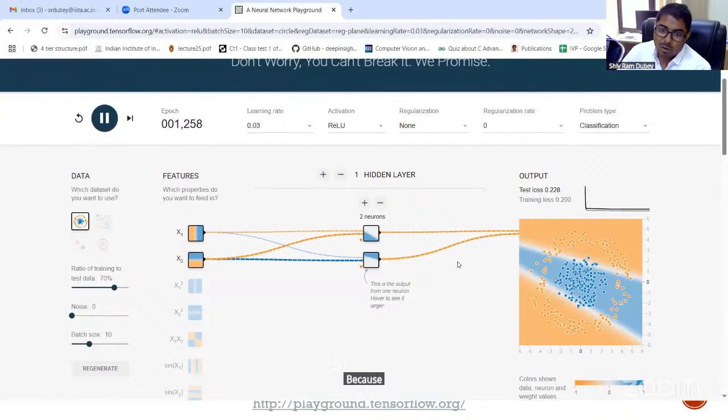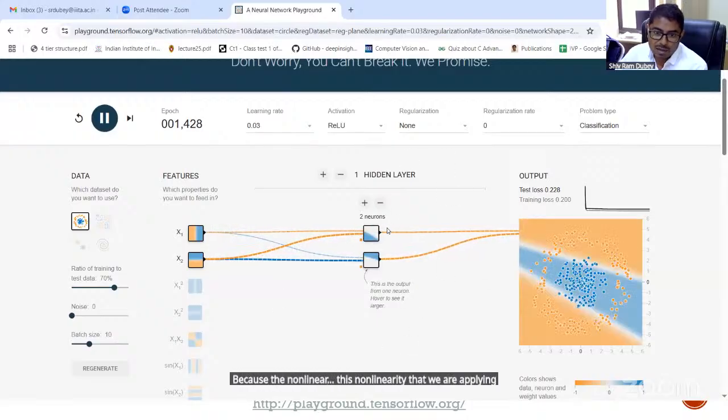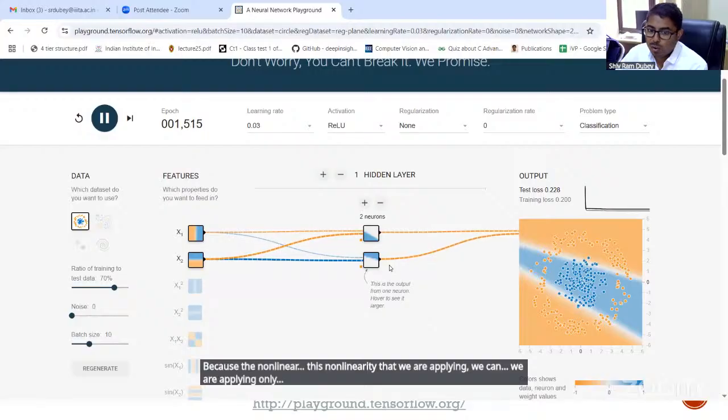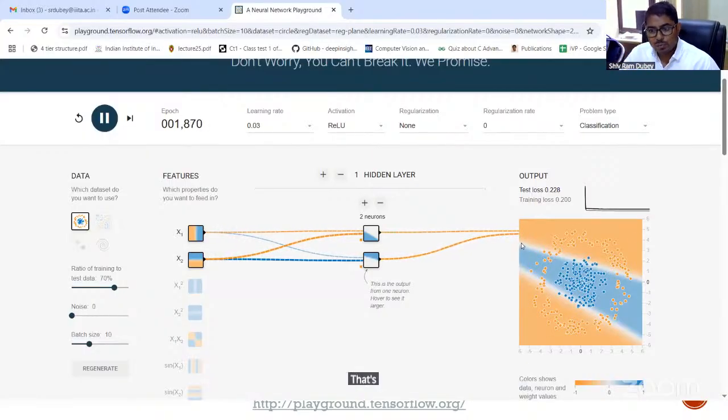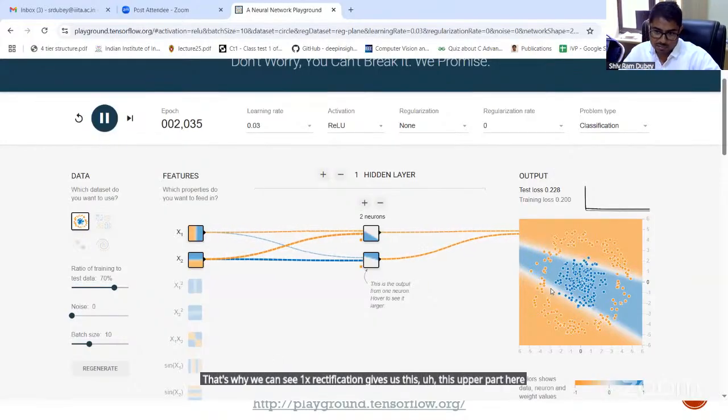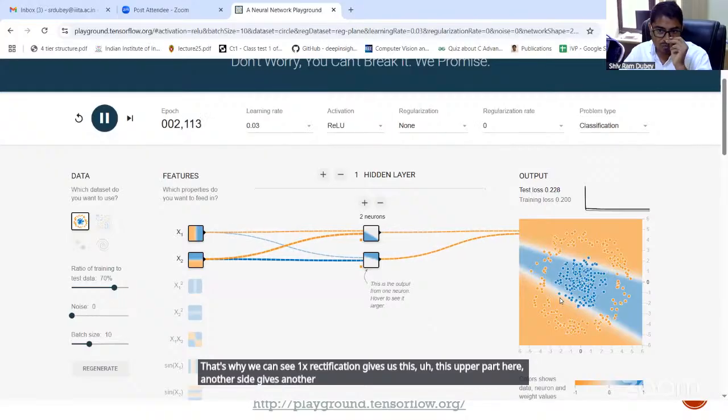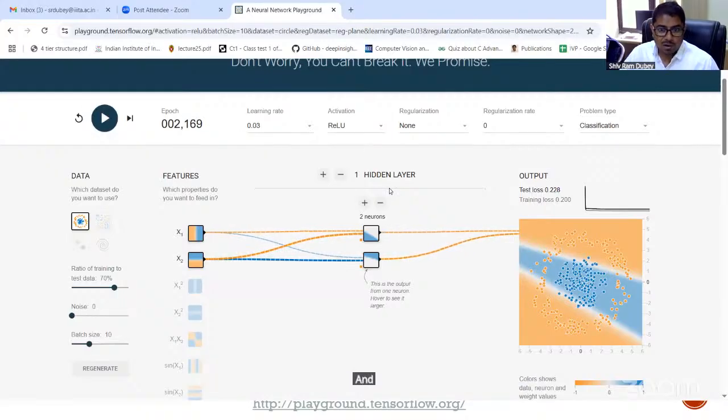Because the non-linearity that we are applying, we are applying only on these 2 neurons. It means we are able to do the rectification only 2 times here. That's why one rectification gives us this upper part here, and another rectification gives the lower one.